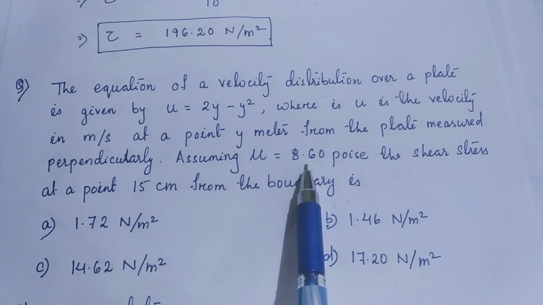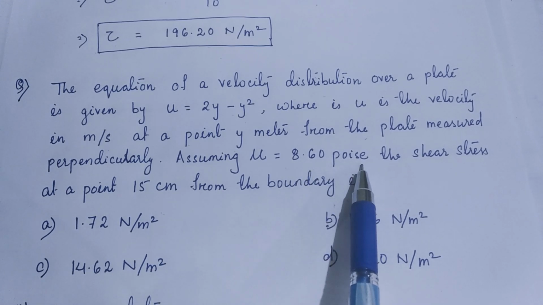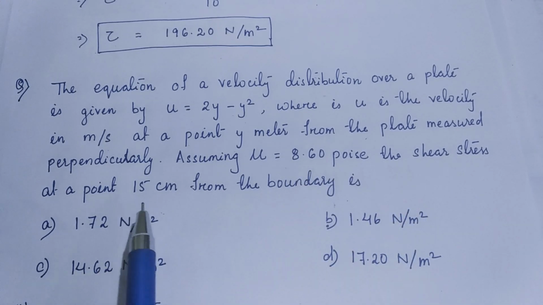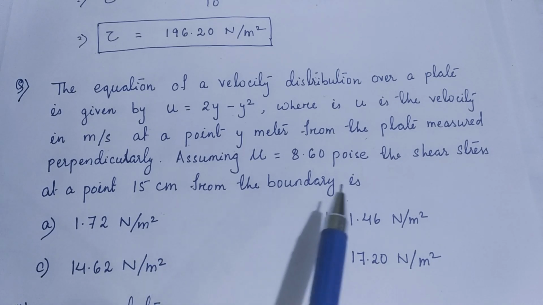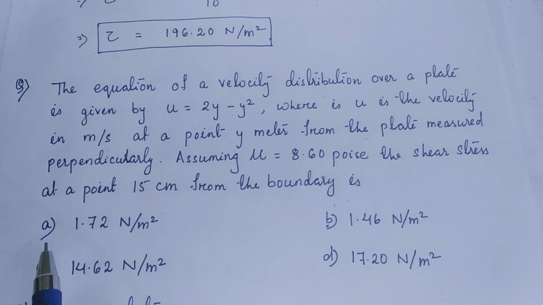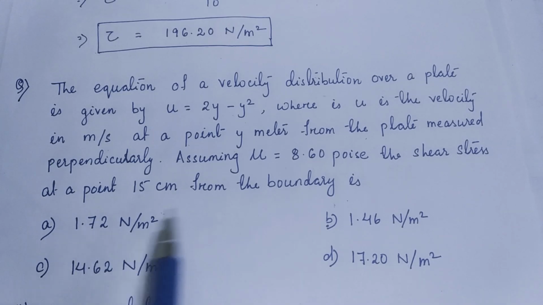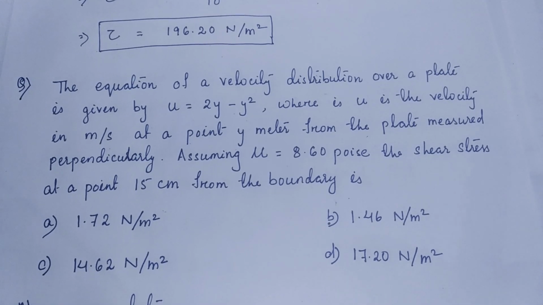Assuming mu equal to 8.60 poise, the shear stress at a point 15 centimeter from the boundary is, and the options are: A is 1.72 Newton per meter square, B is 1.46 Newton per meter square, C is 14.62 Newton per meter square, and D is 17.20 Newton per meter square. See, all these options are given in SI unit. So convert all the units into SI units while we solve the numerical.